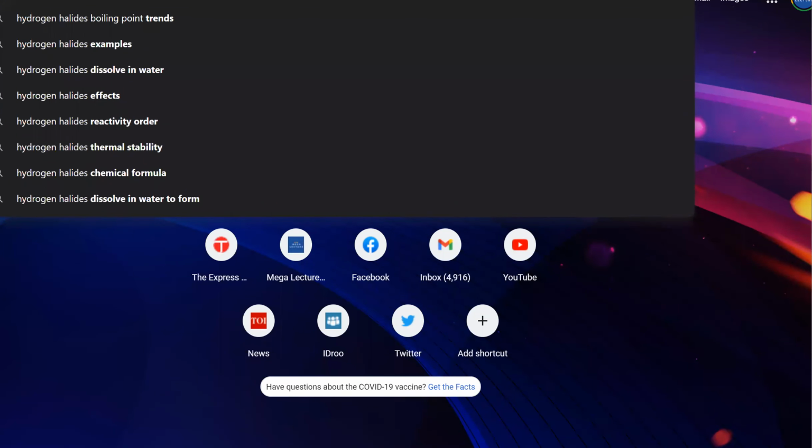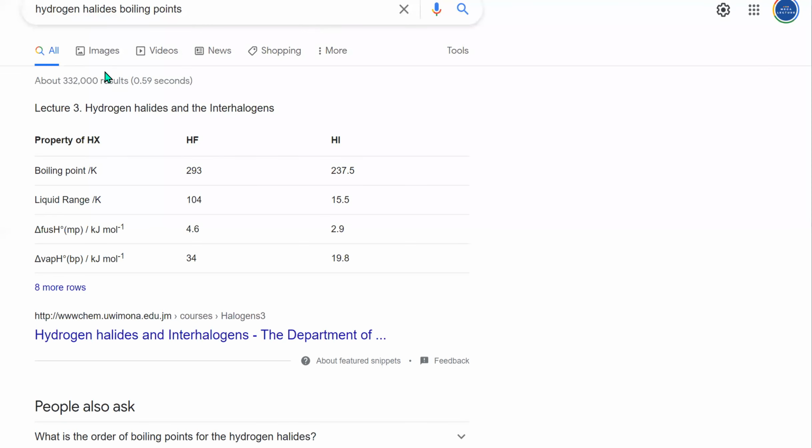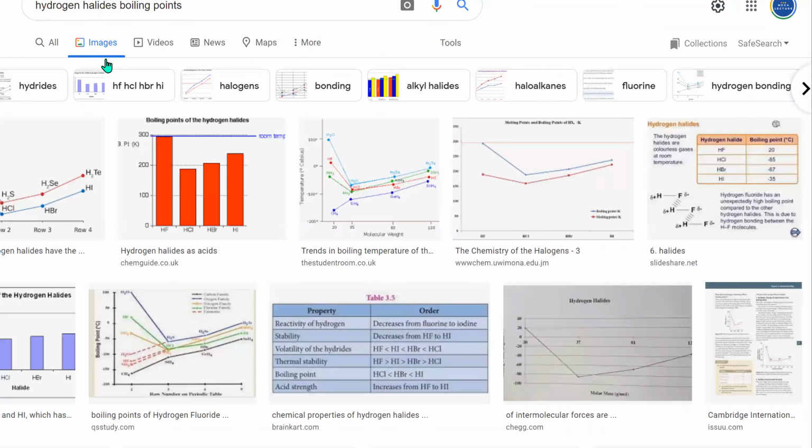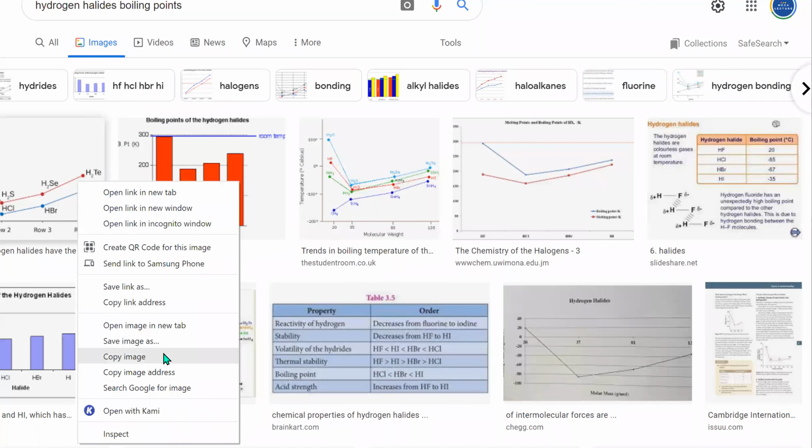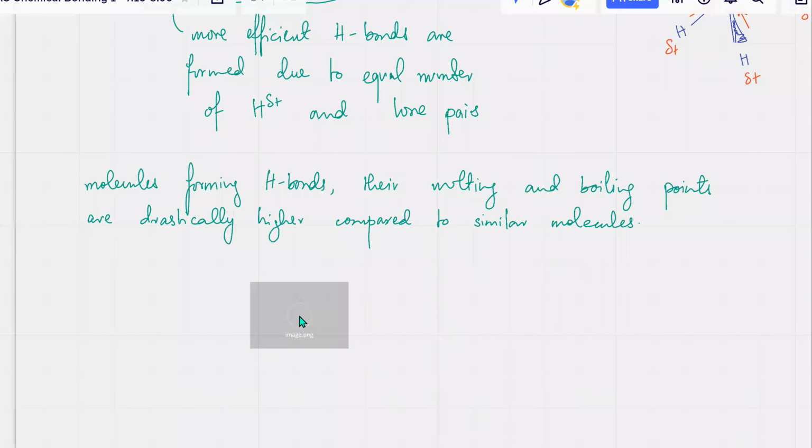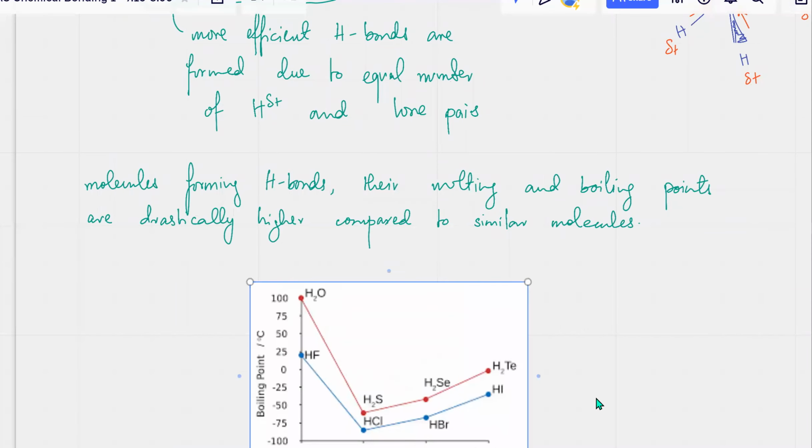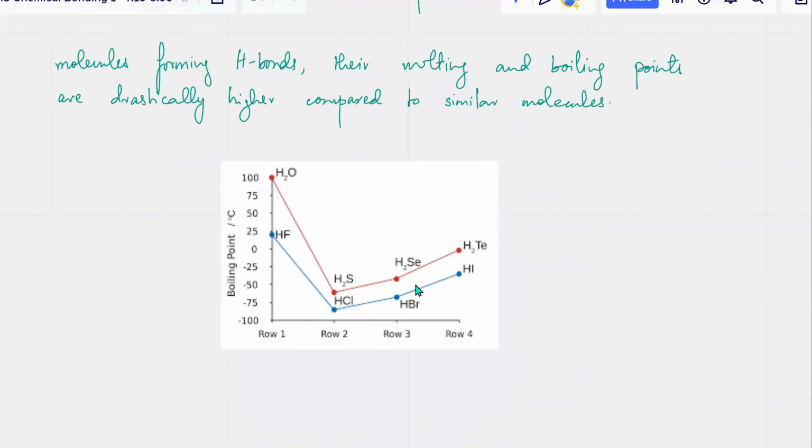let's look at boiling points for a second. If you can have a graph, I'll just copy this one. So you can see that this is water and HF. Water and HF had hydrogen bonds. Molecules that were very similar to them, like HCl and HBr and HI, their melting and boiling points are very low.